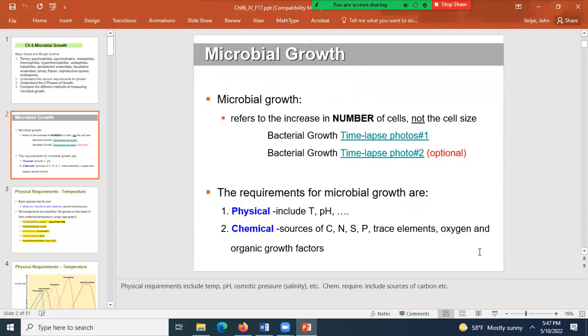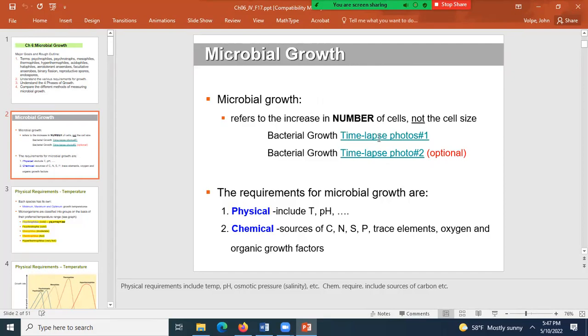When we're talking about microbes and we talk about growth, we're referring to an increase in the number of cells, not an increase in the cell size. And so that differs then with children when we're talking about growth. We're referring to mostly the increase in their size, not their cell size, but their body size.